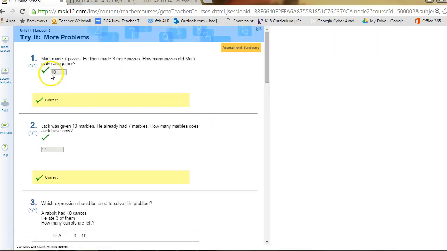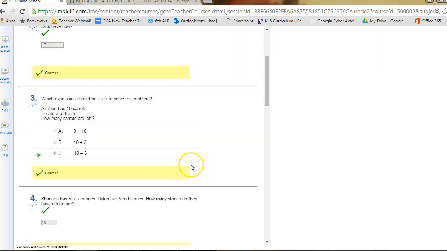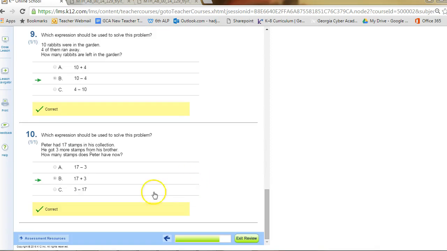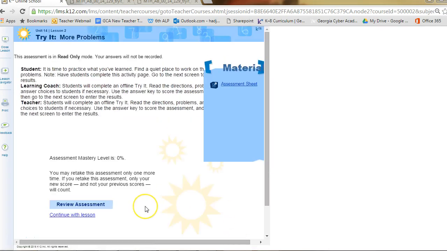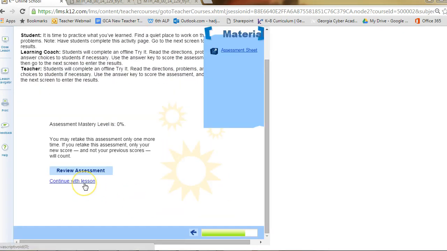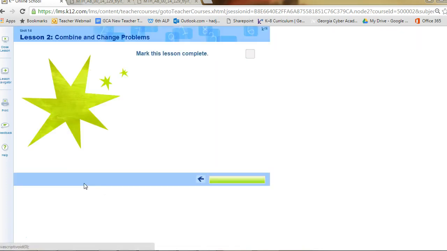And you can enter your students' answers. Once you've entered those, then you may click Exit Review. Continue with lesson. And you may mark your lesson complete.